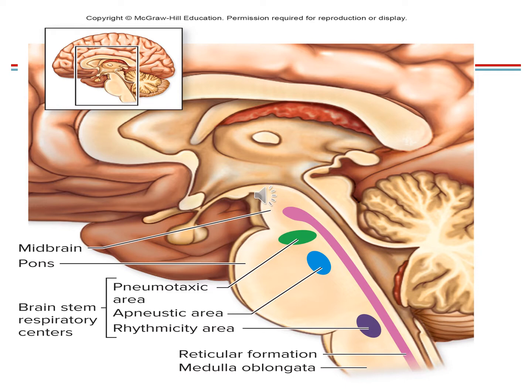I want to emphasize that because these breathing centers or respiratory centers are in both areas, in the pons and in the medulla oblongata. At the same time, we also have in the pons and medulla oblongata the cardiac center in both.